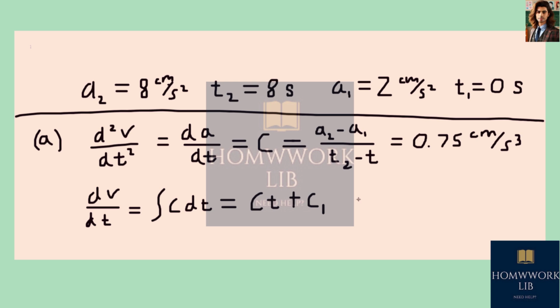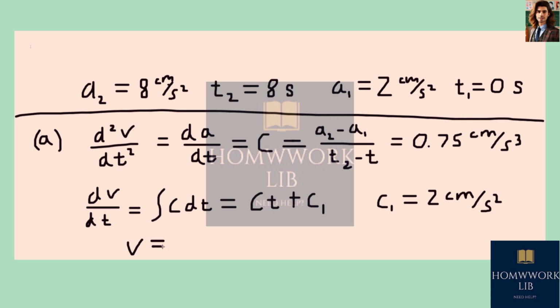So c1 is 2 centimeters per second squared, from our initial conditions, because it's acceleration. Now that we know that, we can integrate once again to get an expression for velocity.